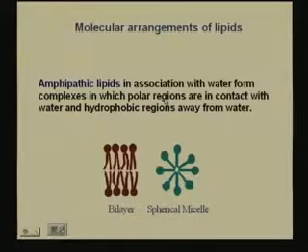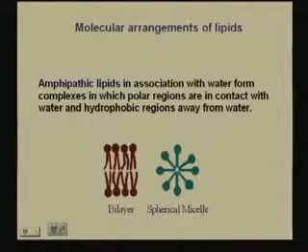If we look at the molecular arrangements of the lipids, you know that they can associate with water, because the cell itself is embedded in water, embedded in the blood, embedded in the cytosol. So, what is going to happen is the hydrophobic tails will never be in the cytosol. Okay? So, we have to have what is called a bilayer.